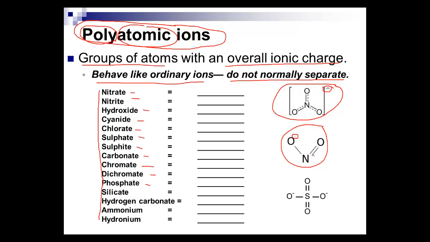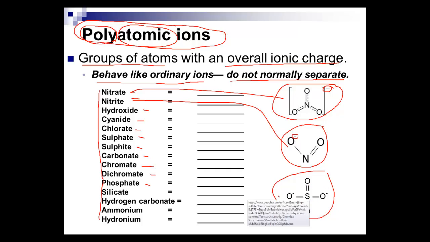So this is called nitrite. Nitrate was the first one. And the last one down here, its formula is SO4, and it has a negative 2 charge. So its formula is SO4 negative 2, and it's called sulfate, and that is found right here.